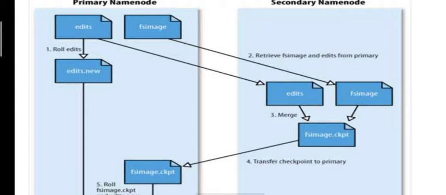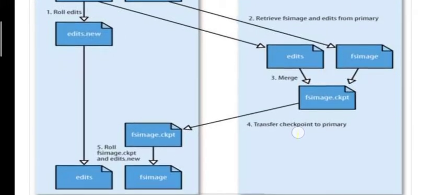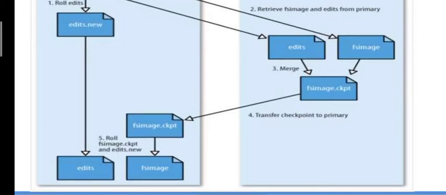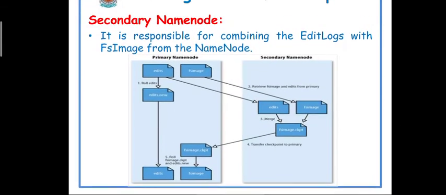So we can use the FS image in case of name node failure, but it does not upload the merged FS image with edit logs to the active name node. Secondary name node performs regular checkpoints in HDFS. Therefore, it is also called checkpoint node. It is a mirror image of the name node.